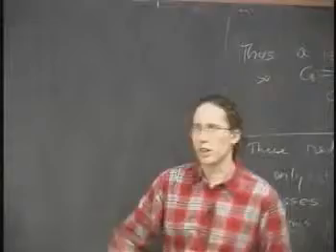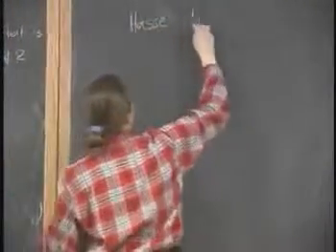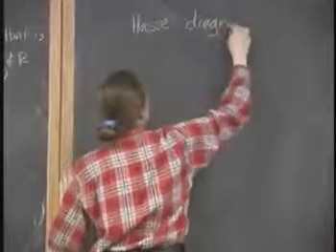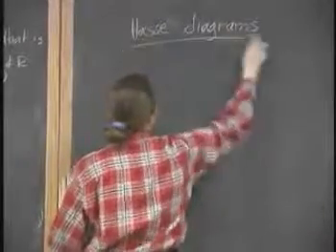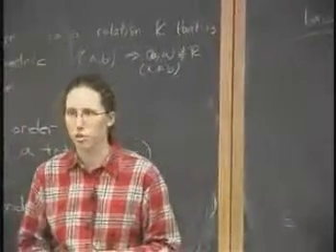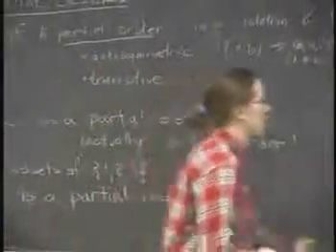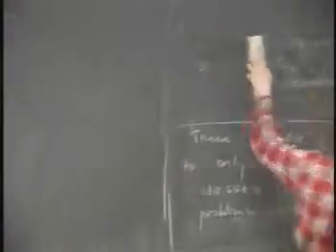But first I want to talk about Hasse diagrams. So Hasse diagrams are ways of drawing our partially ordered sets. A partially ordered set, or a poset, is a set with a partial ordering.